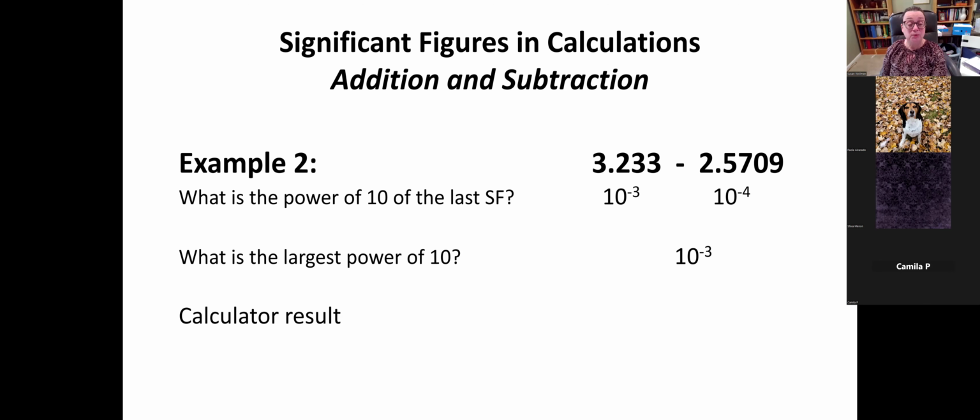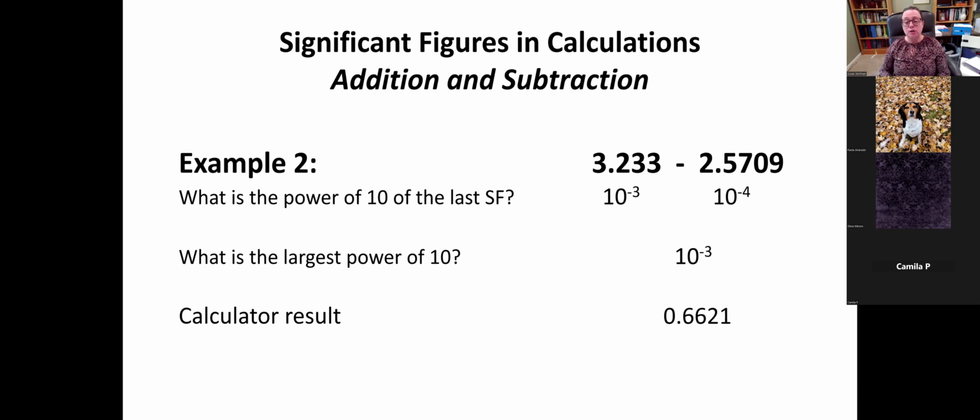And again, what that means is that after we put all those numbers in our calculator and hit that equals button, whatever our calculator says, we can only report that out to the 10 to the minus 3 place. Anything after that is not significant. We're kind of just making up those digits, because they're really not accounted for in the uncertainty of those measurements.